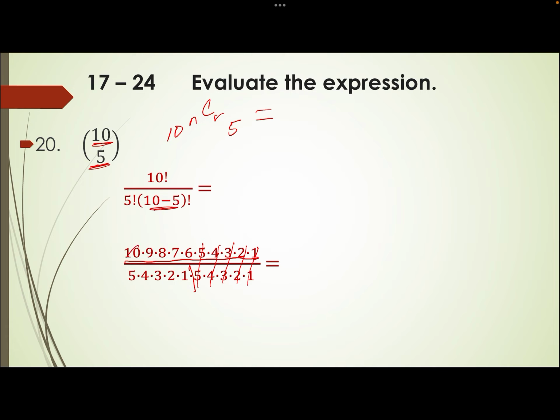And then 10 over 5 is 2, 9 over 3 is 3, 8 over 4 is 2, and 6 over 2 is 3. And so when I multiply all this out, 2 times 3 times 2, don't forget the 7, I get 252. But like I said, if you put this in your calculator, you'll get 252.